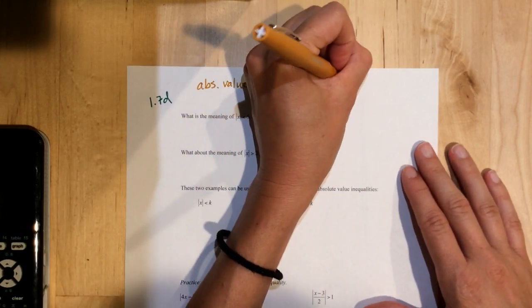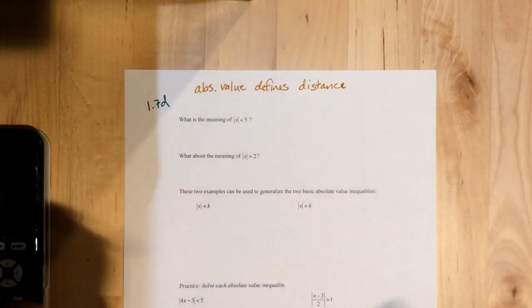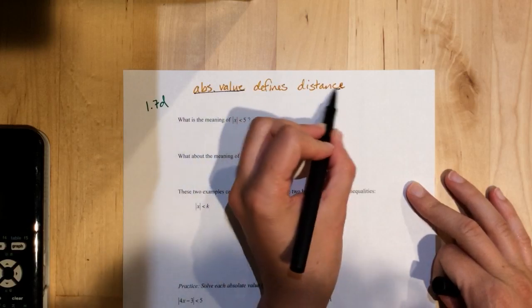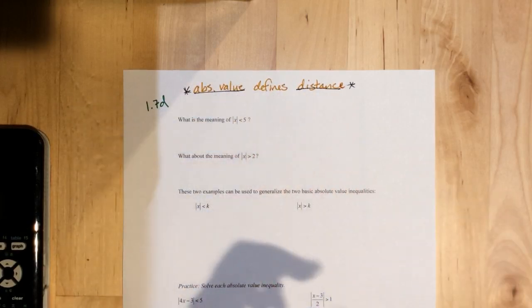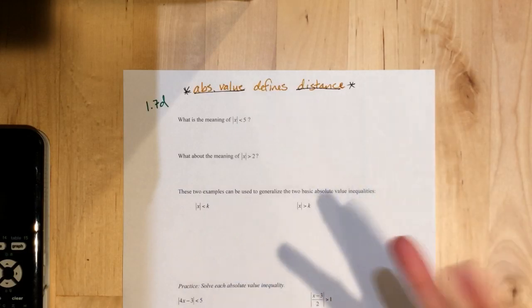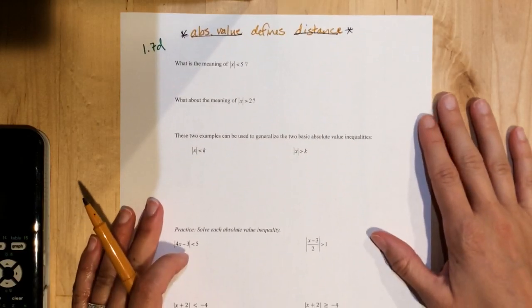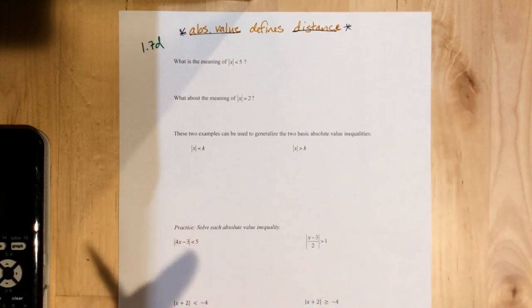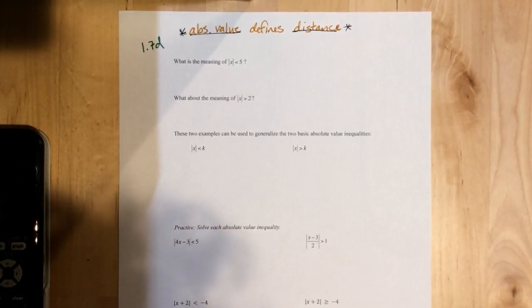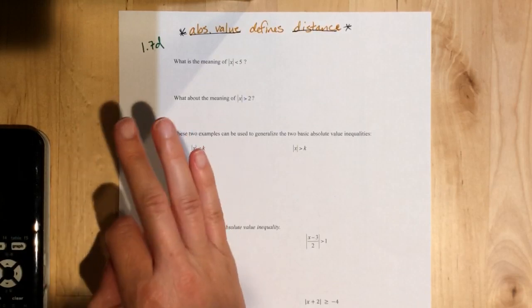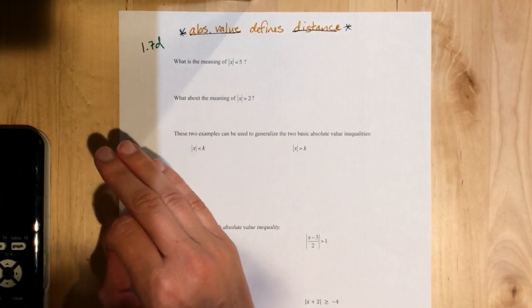Remember that when we learned absolute value, I said this is the huge takeaway for absolute value. This is what I want you to remember: that absolute value measures or defines distance. So can distance ever be negative? No. So the least away we can be from anything is 0. So that still comes into play. Absolute value cannot equal anything less than 0.